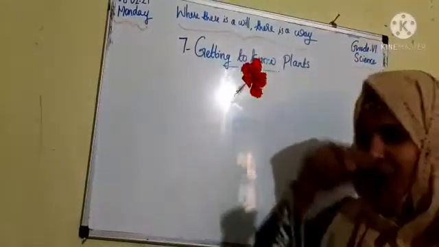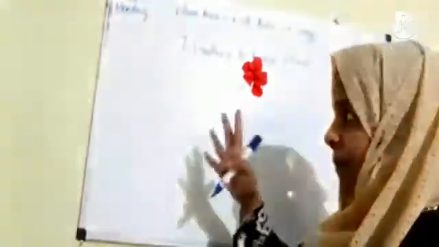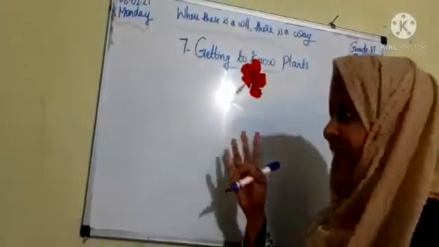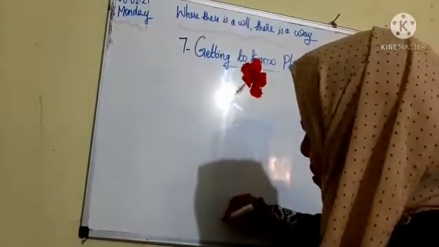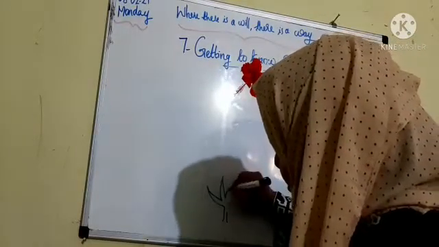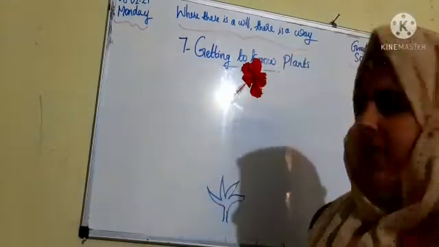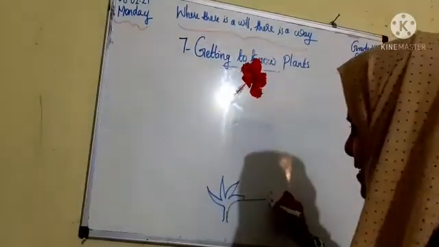I am trying to draw a flower. Let's check what the different parts of a flower are. We can easily understand. First I will draw the green part of a flower that we call sepals.